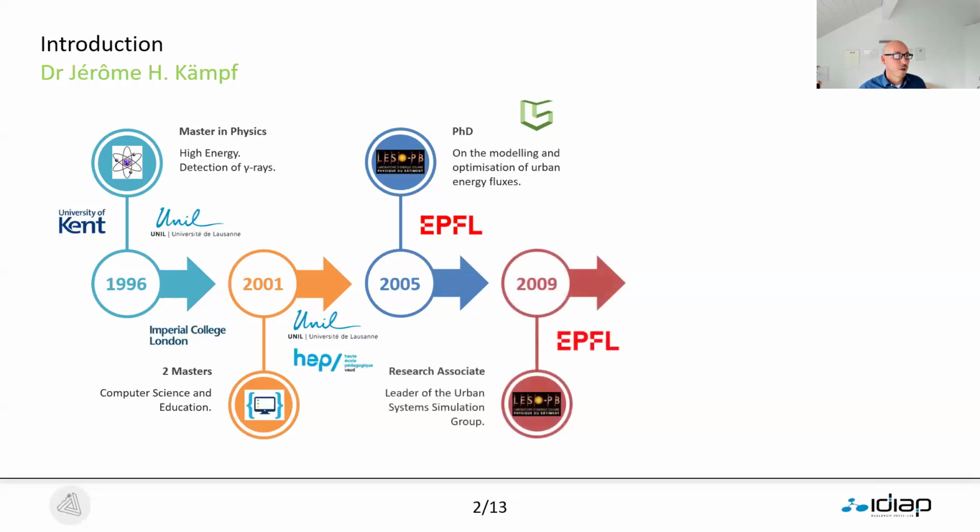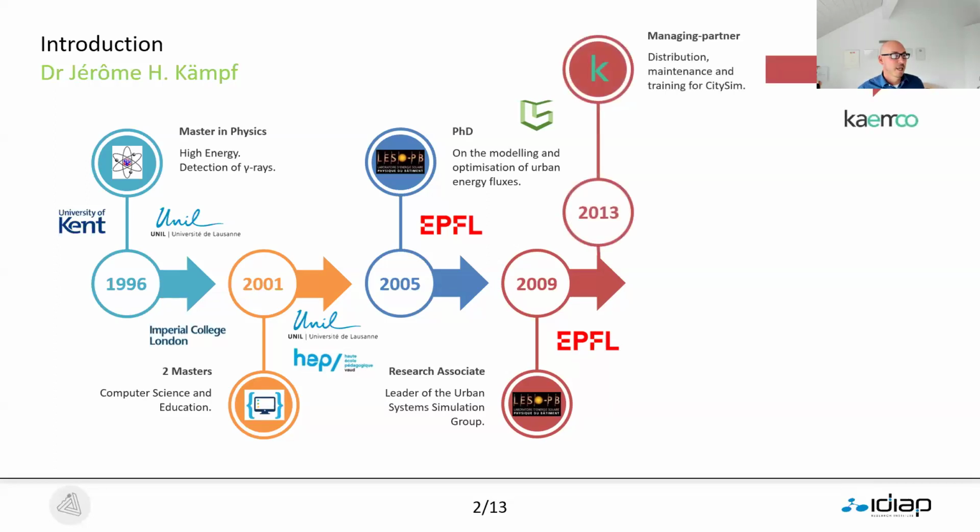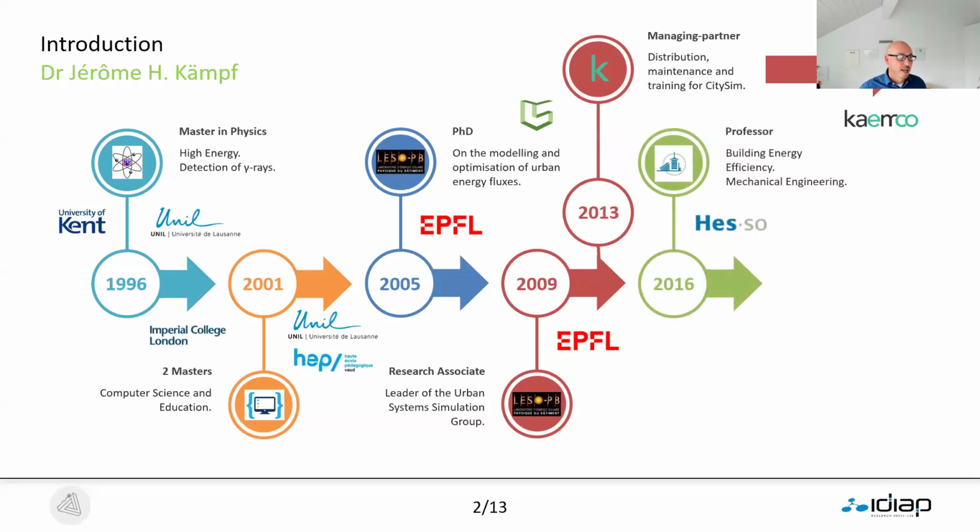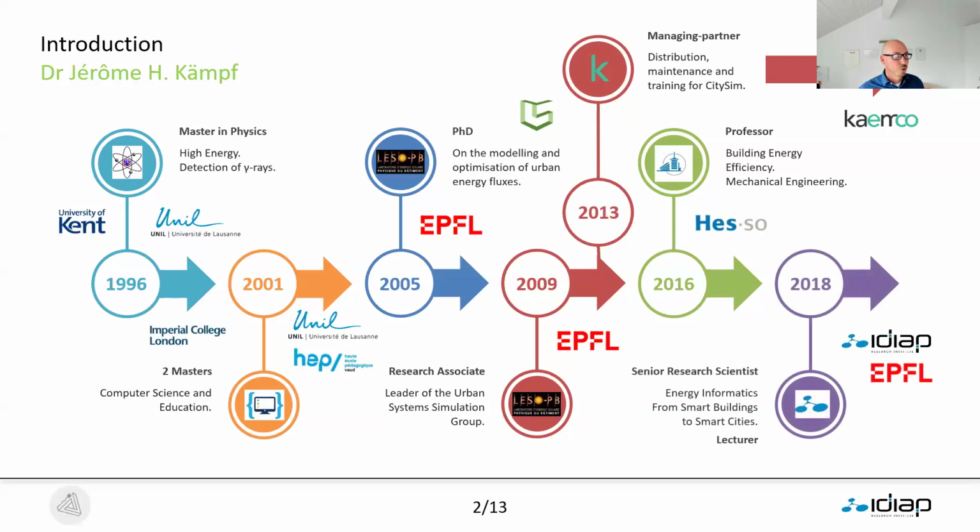After that, I stayed quite some time at EPFL doing research, leading the urban system simulation group before creating a company in 2013 called ChemCo for the distribution, maintenance, and training about CitySim. I continued my work as a professor at the University of Applied Sciences in Fribourg for 2 years, and I joined in 2018 the EDIAP Research Institute.